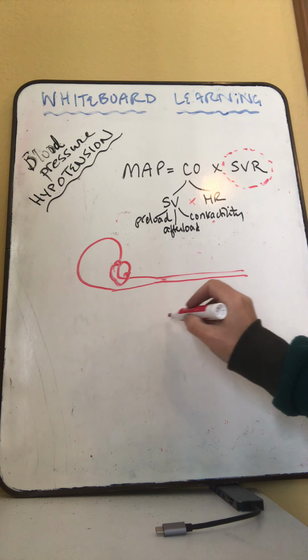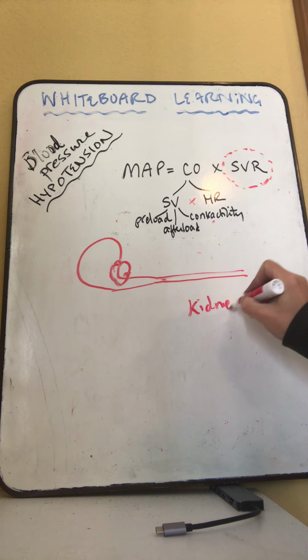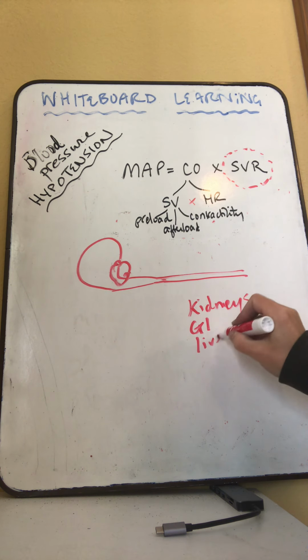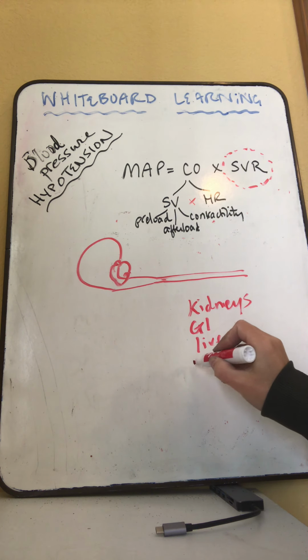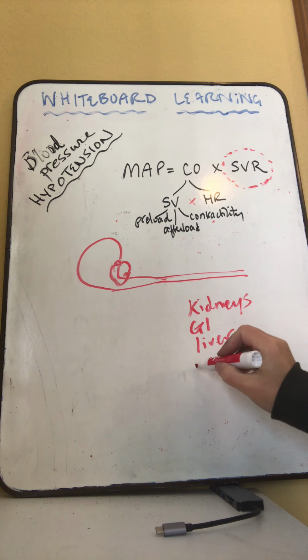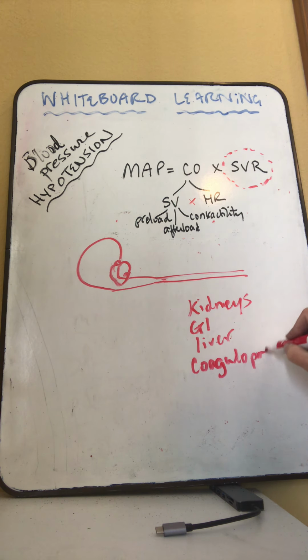But the organs that don't get very good blood flow, if your blood pressure drops, are the kidneys, GI, and liver. And when blood starts to just sit there, so if blood isn't flowing well out in the capillaries, you're going to become coagulopathic very quickly. So not only do you get ischemia, your blood becomes stagnant and you start to get coagulopathic.